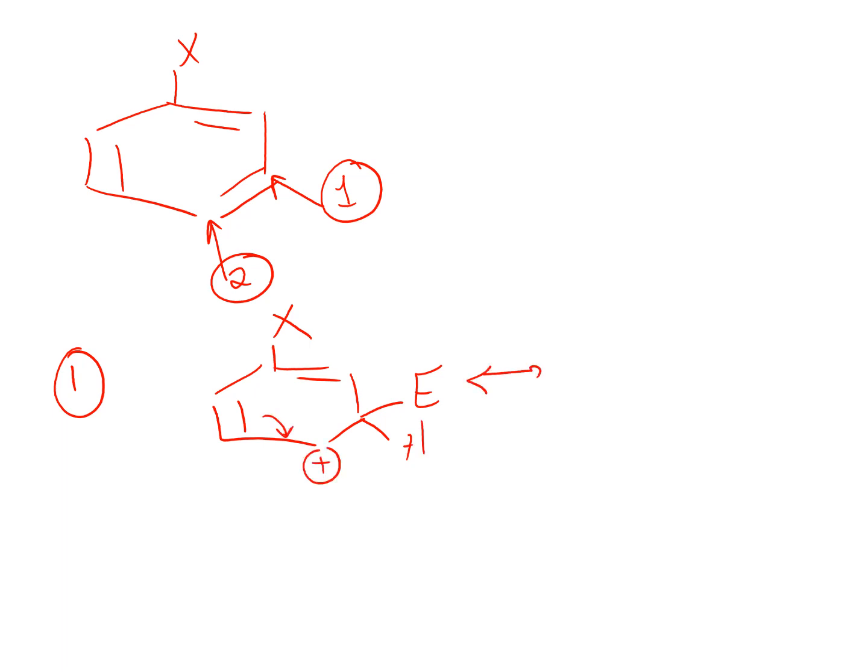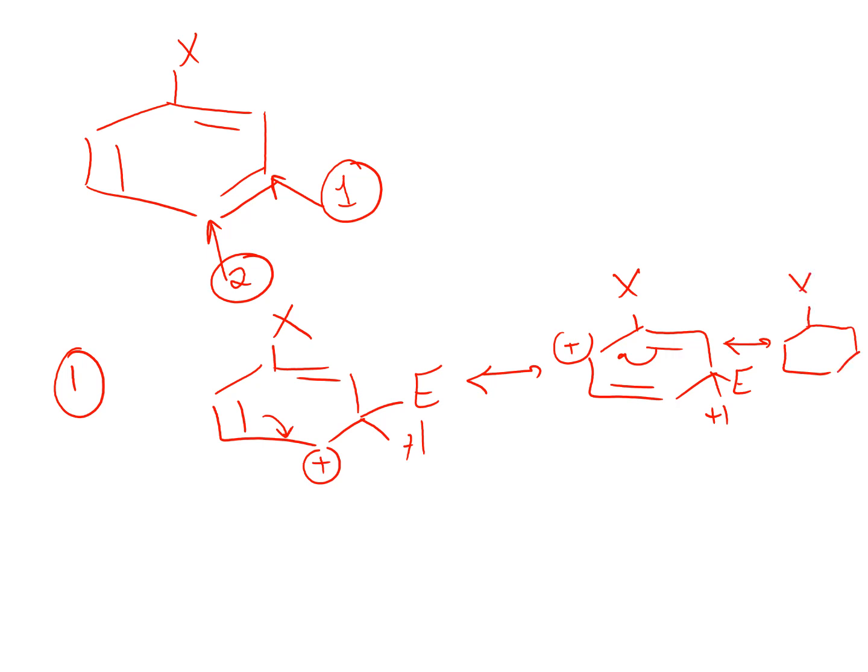Let's run the resonance. As you see, again, the positive charge jumped the carbon that is carrying the halogen and moved from one ortho position to the other. Let's try the 2 route.